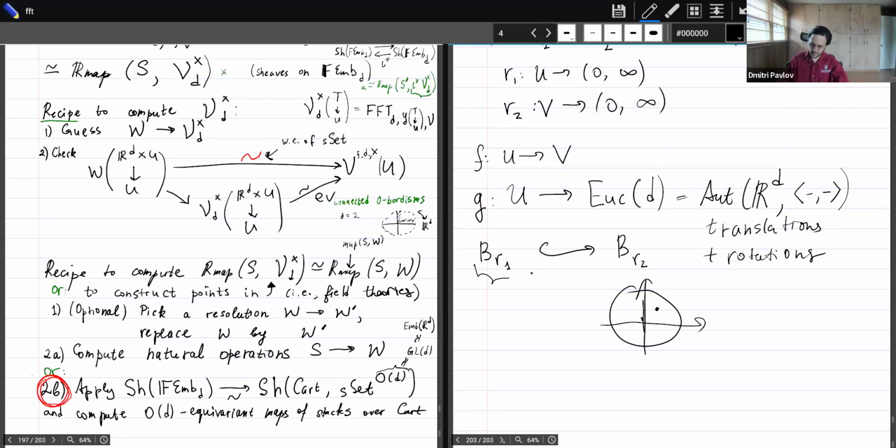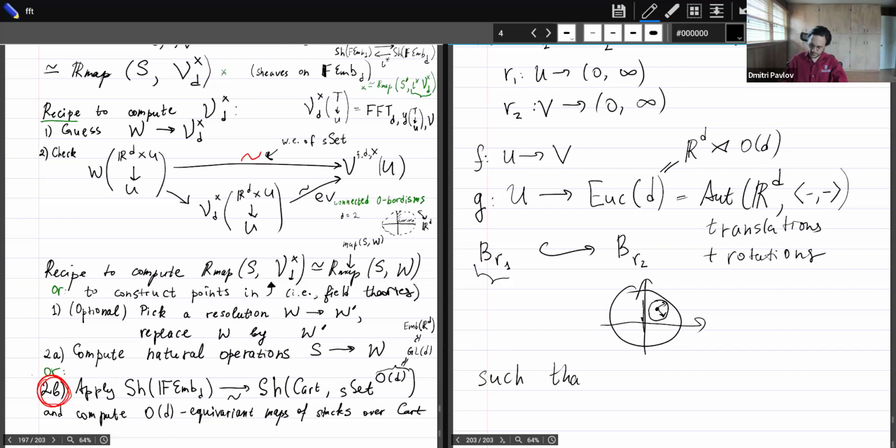And you also have to tell me how you rotate the ball. So that's an element of the orthogonal group. So by the way, this is the semi-direct product. I guess you can say R^D semi-direct product O(D). You also have to specify an element of the orthogonal group that tells you how the ball rotates, like this maybe. So that's what the element of the Euclidean group does for you. And there is a restriction.